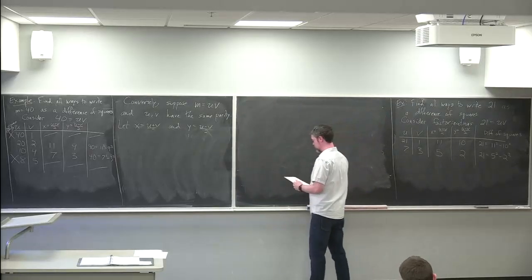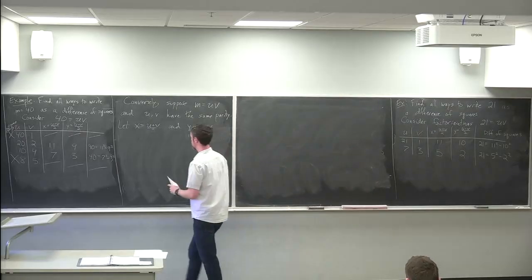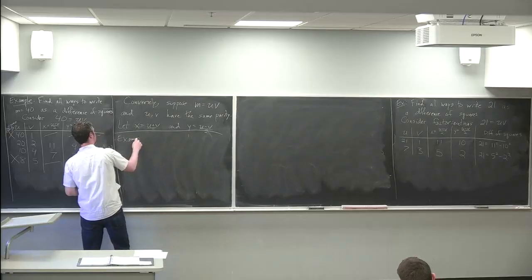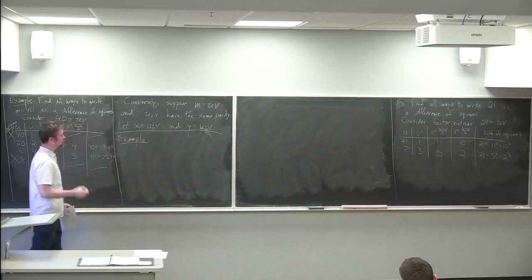So let's consider the problem of, I'll write it here. Let's find all primitive Pythagorean triples where A is 45.